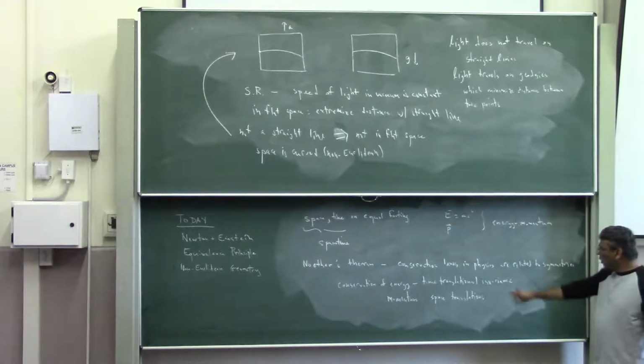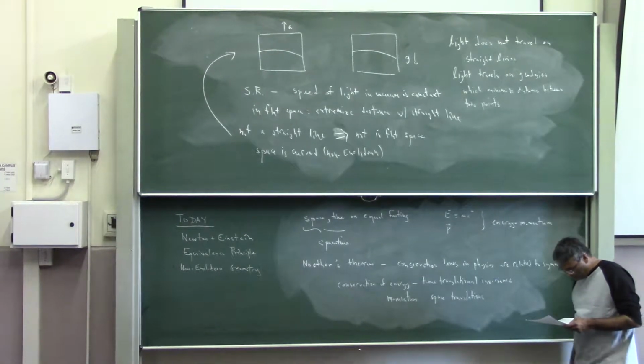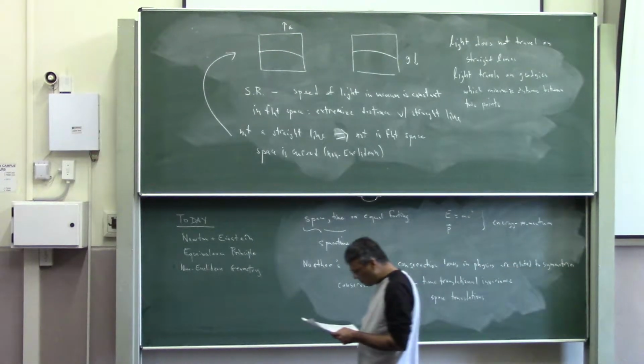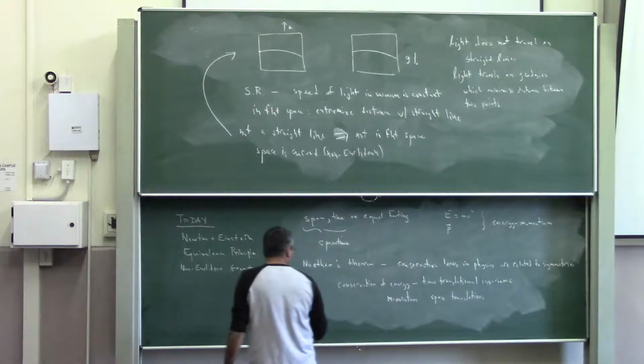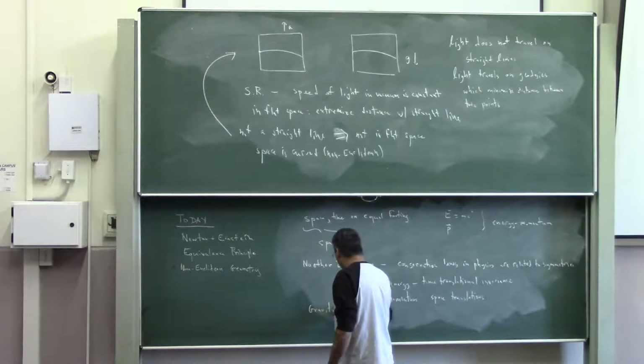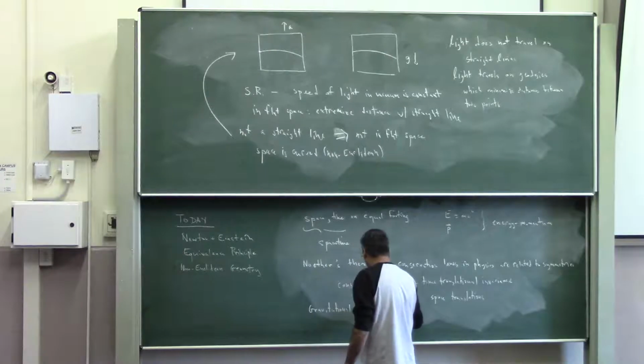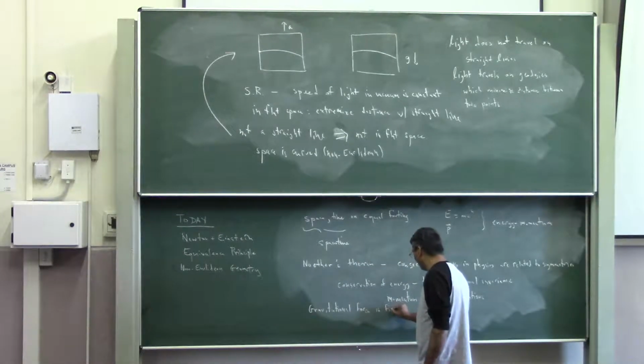So, what symmetries inform general relativity? We'll see as we proceed. But in effect, what turns out to happen is a gravitational force is fictitious.